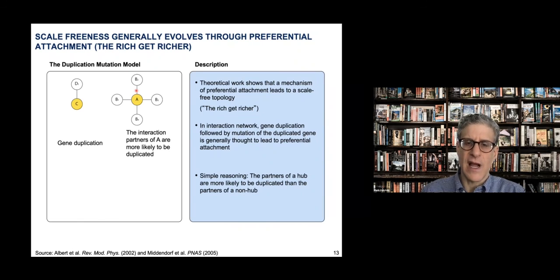So that's a type of preferential attachment. And you can see a hub network that has a lot of nodes. If you tend to duplicate uniformly, it's more likely you'll duplicate one of the things that already has a lot of connections, which will then tend to interact back with that central node, and that node will get more connections, rich get richer in a sense.